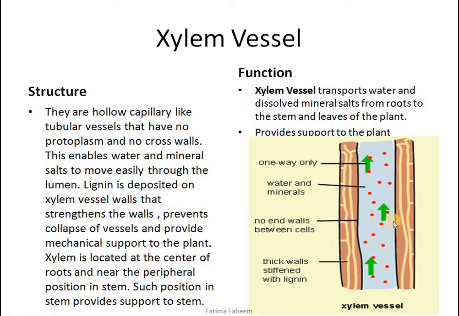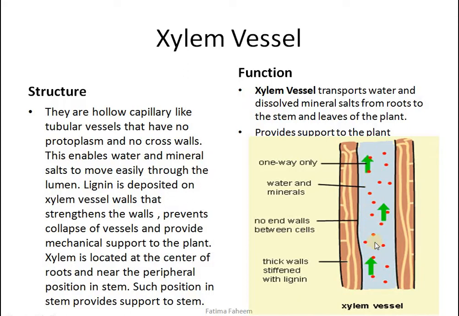How is this structure related to function? It's an important question in your past paper, that you have to relate the structure with the function. So when you say it does not have cross walls or protoplasm, it means that it allows the transportation of water from roots to the upper parts of the plant, to stem or leaves, without any hindrance or obstruction.